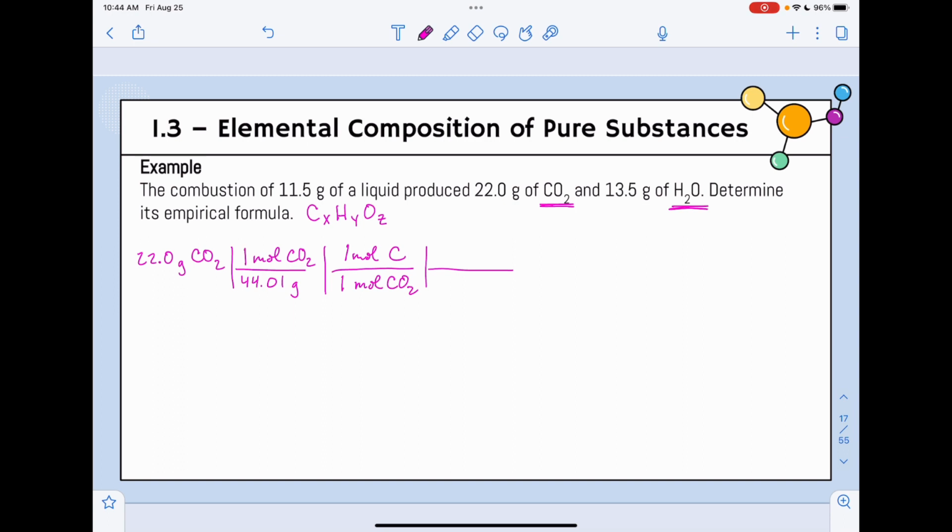Okay, so 1 mole of carbon has a mass of 12.01 grams. So when we do the math, we'll do 22 times 12.011 divided by 44.01, which gets us to 6.00 grams of carbon.